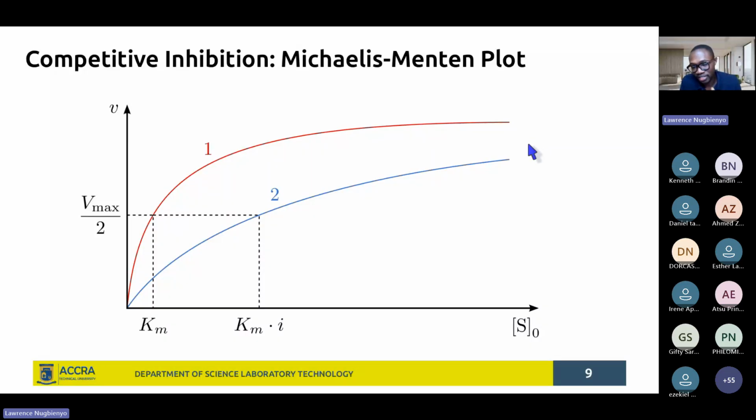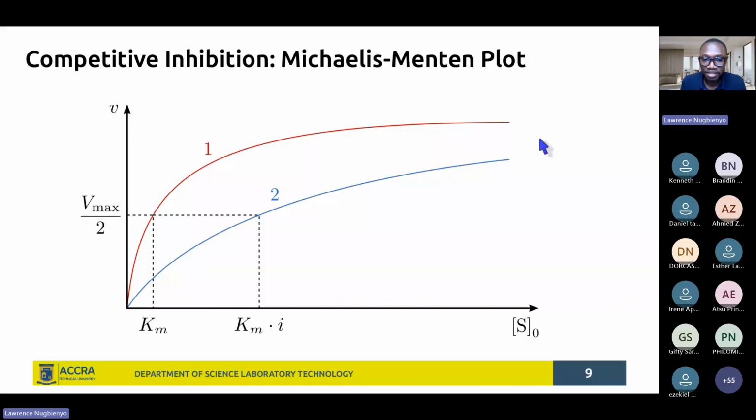So if you are practically running enzymatic reactions in the laboratory, what it means is that if there are some inhibitors in there and the reaction is slow, you are not getting the amount of products that you should get. Once you add more substrate in there, because it's a competition, you increase the probability of the substrates binding to the active site.